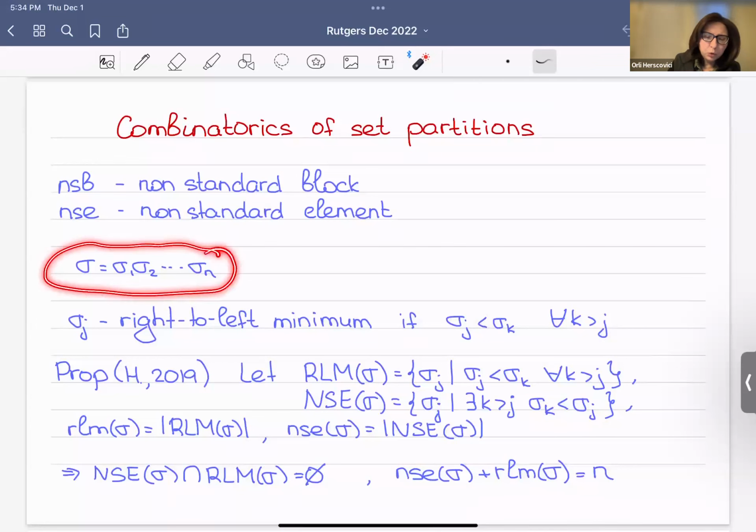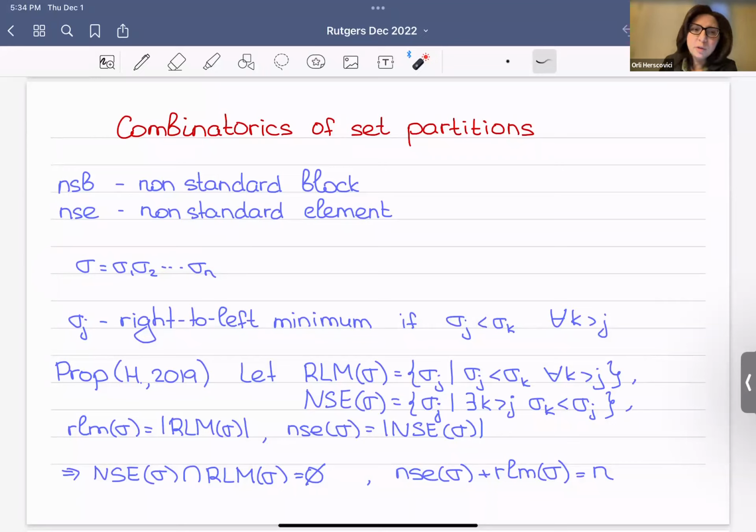If we take a permutation sigma_1 up to sigma_n, the element sigma_j of this permutation is called a right-to-left minimum if sigma_j is less than all elements to the right of it.